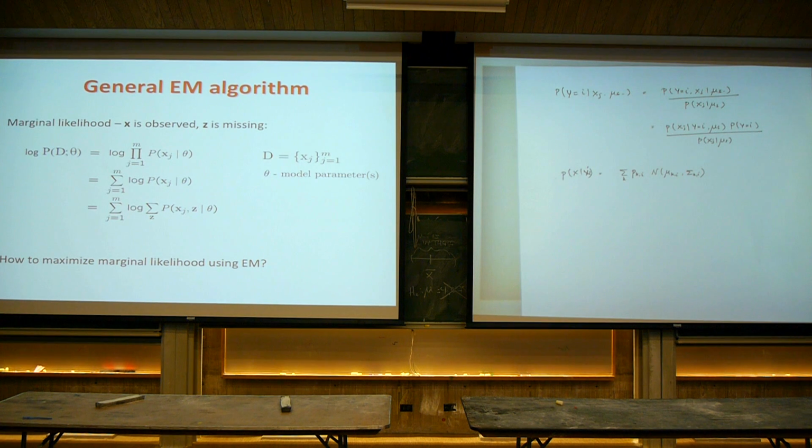In a hidden Markov model, your observations from each state are the data that you observe, and Z is the value of the state variables that is missing. You don't get to observe that. And you're trying to fit the parameters of whatever model involves X and Z. So you have some parameters which we'll call theta in general. These were the means, the covariances, and the mixture proportions for mixture models.